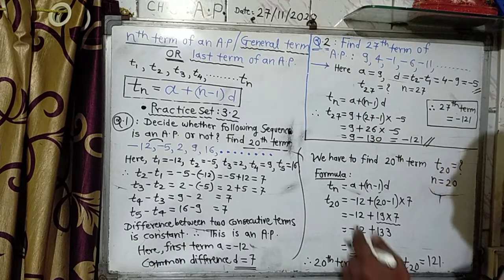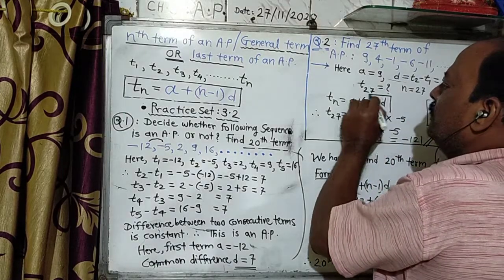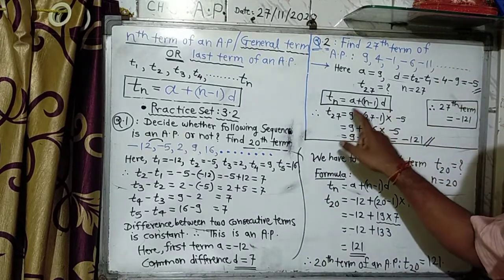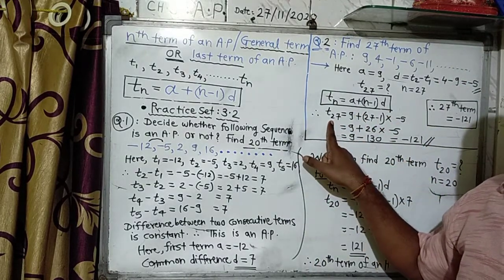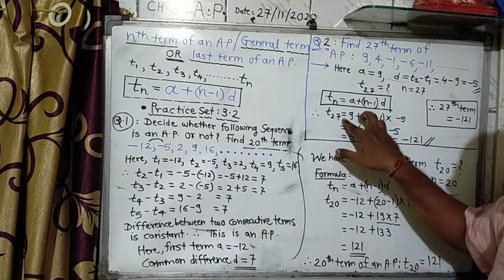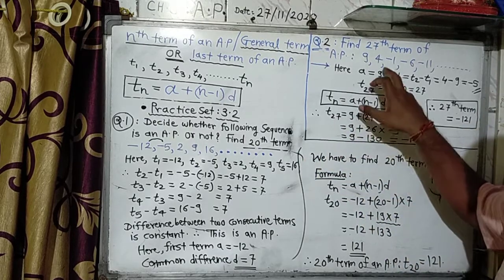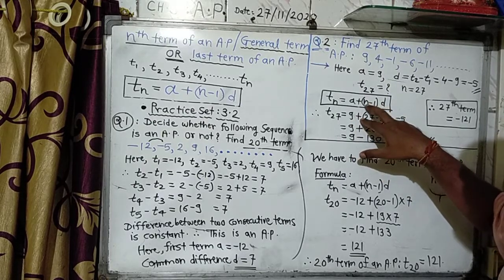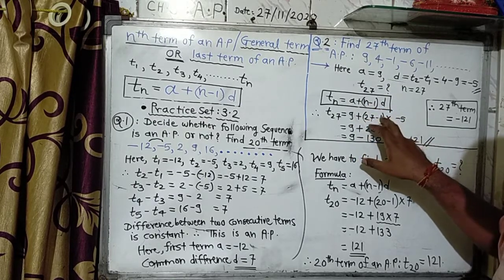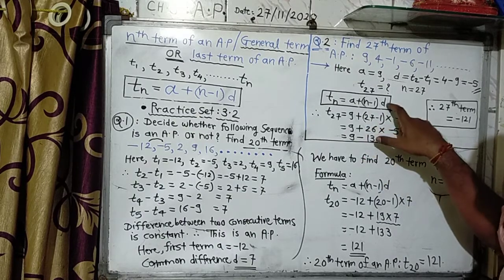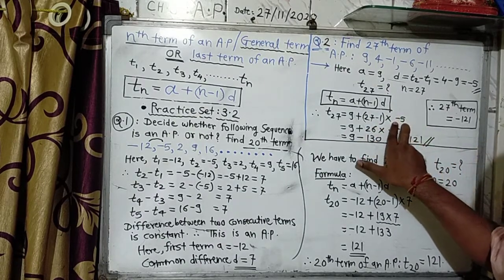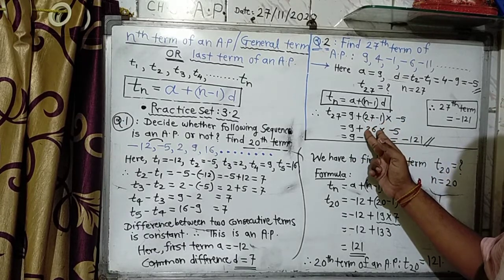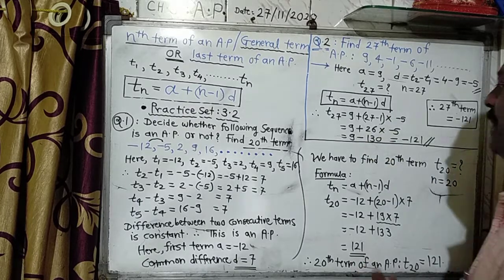Find the 27th term. First write the formula: Tn is equal to A plus n minus 1 into D. T27 is equal to, the value of A is 9. Substitute values: 9 plus n minus 1, where n is 27, minus 1 into D, and the value of D is minus 5. First solve the bracket: 27 minus 1 is 26, into minus 5.